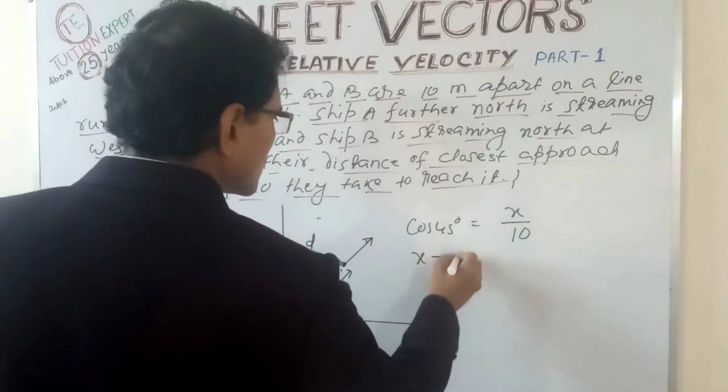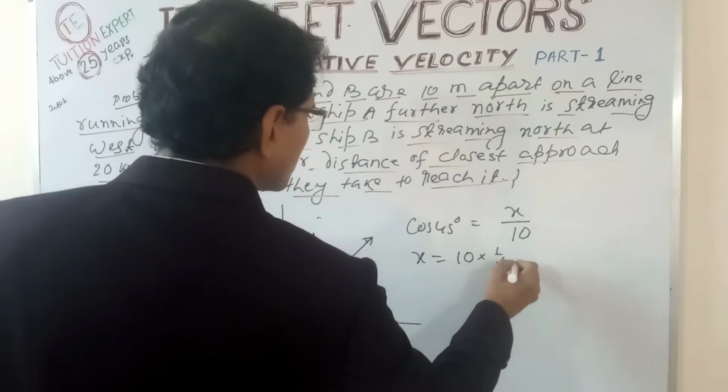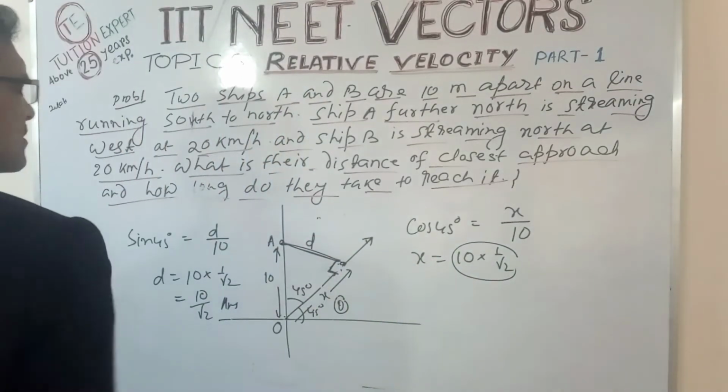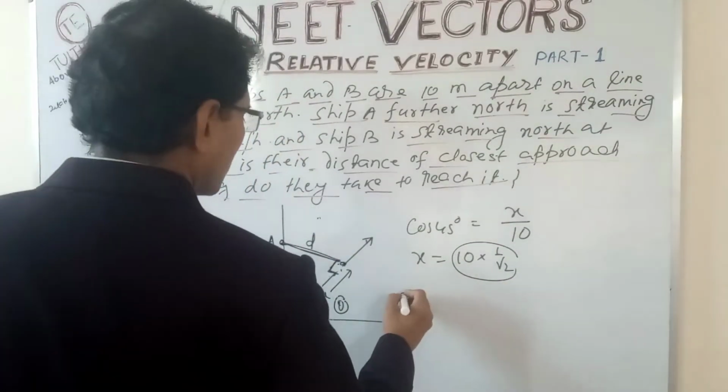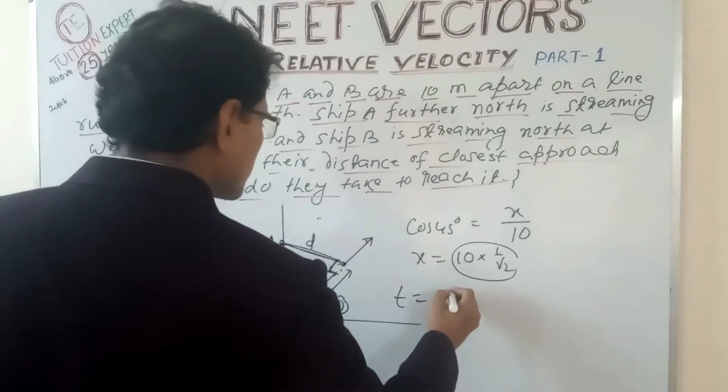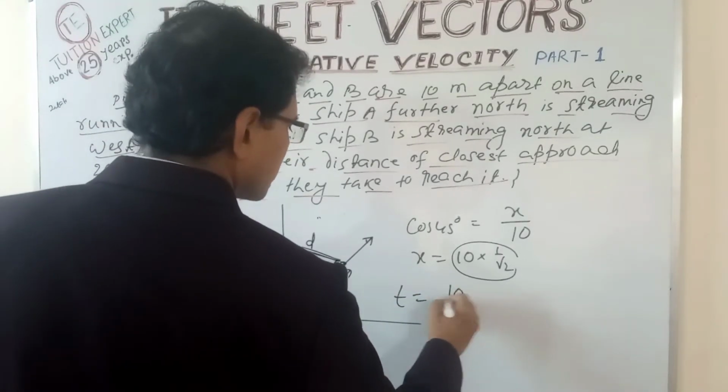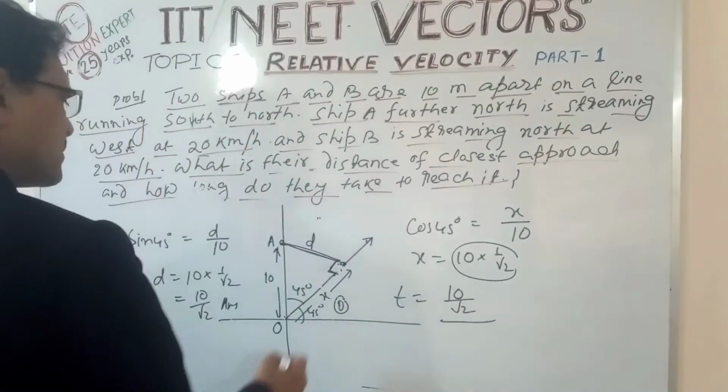So x equal to 10 by root 2. So this is the distance x. Now how long a time? That is time equal to distance by velocity, 10 by root 2 with velocity VAB.